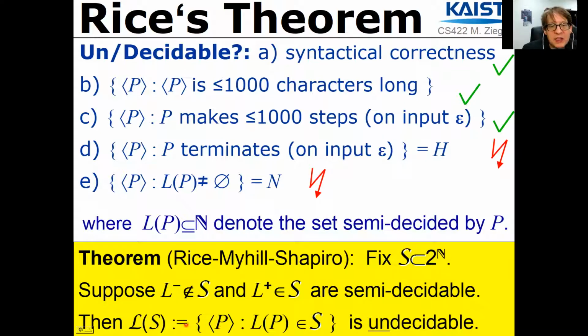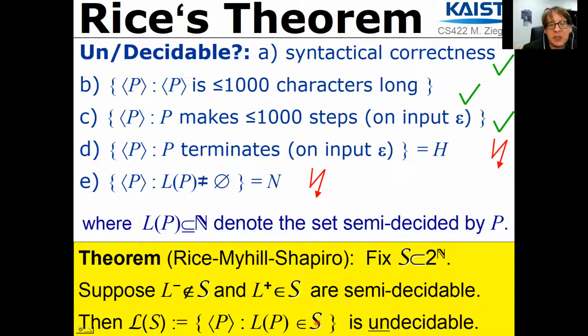The other extreme is when this is the collection of all subsets of natural numbers. Then again, this decision problem is decidable, because if S is the collection of all subsets of natural numbers, then whatever program P is, the set semi-decided by this program is a subset of natural numbers, and therefore belongs to S, the collection of all subsets.